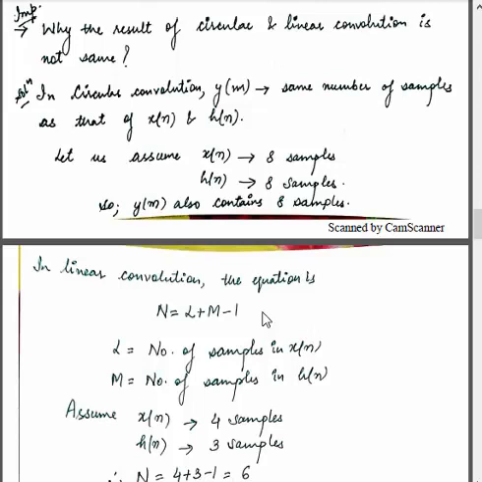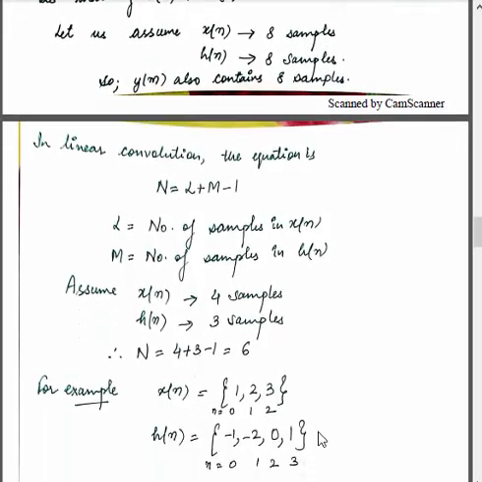So let us take x of n having 4 samples and h of n having 3 samples. According to this equation, N is equal to 4 plus 3 minus 1, that is equal to 6. The conclusion is x of n has 4 samples, h of n has 3 samples, but the output y of n has 6 samples. So the outputs of circular and linear convolution are not the same.